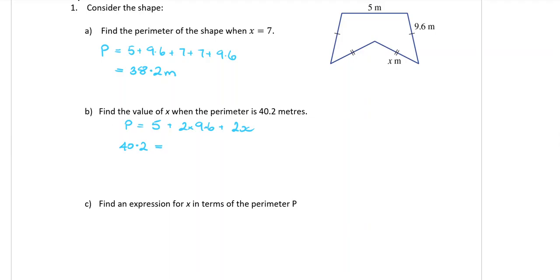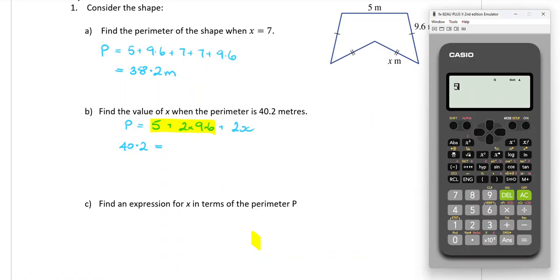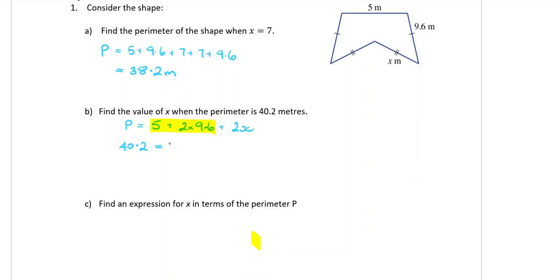Let's do some tidying up here. If I calculate this part, I'm just going to work out what 5 plus 2 times 9.6 is. So altogether, those sides make 24.2. Then I have the 2x for the two mystery sides that I'm trying to work out.